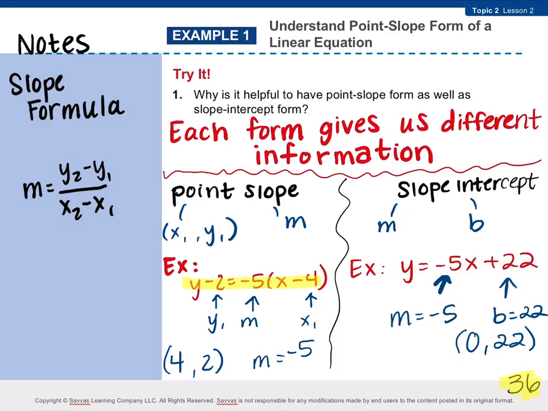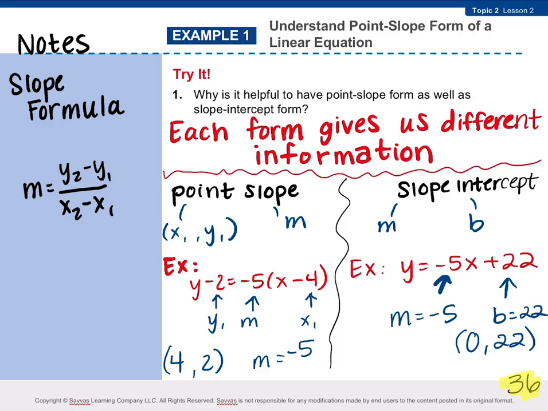The different forms of the equations all come from the same place, which is the slope formula. So look at our notes. I wrote the slope formula there from our last lesson. m equals y2 minus y1, that's my rise, over run, which is x2 minus x1.